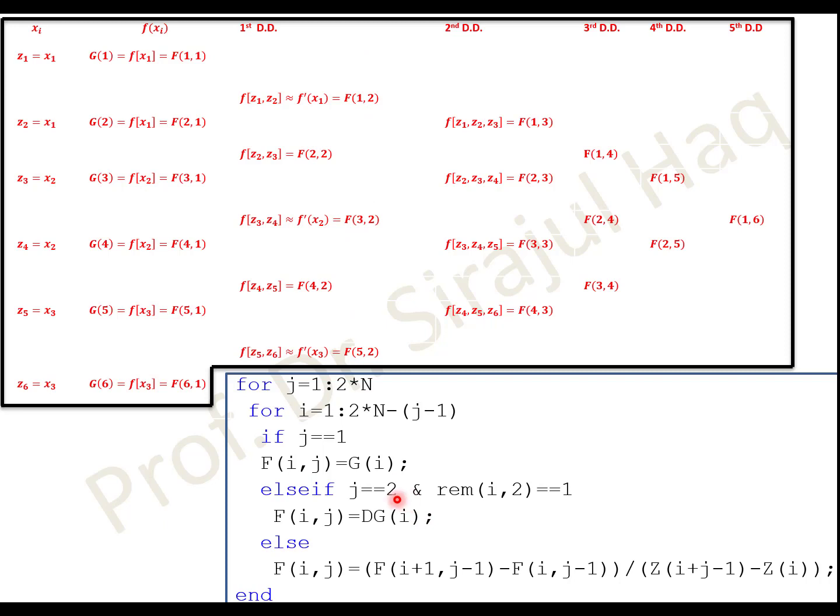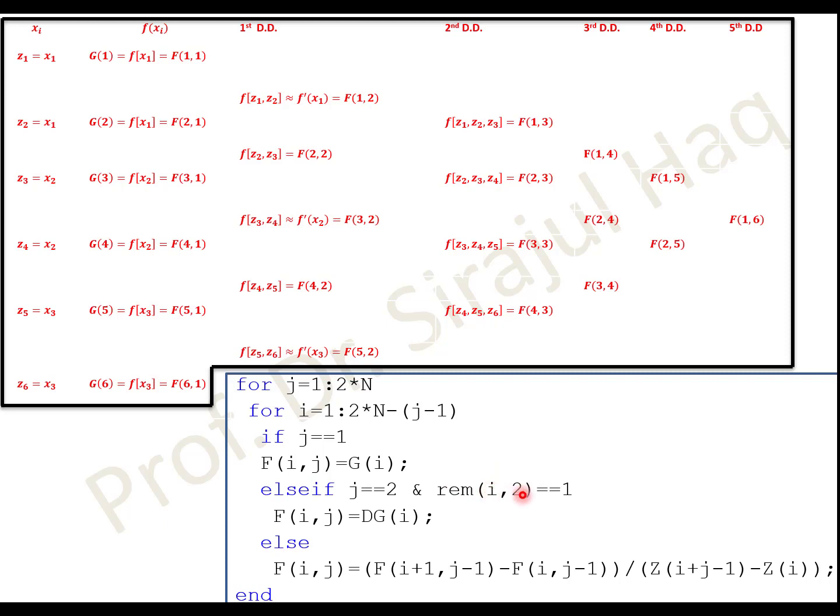Now, j is equal to 2, so the value of i is starting from 1 and it reaches up to 6 minus 1, which is 5. So it will take the value j is equal to 2 dealing with this column. But now it deals with i also. Will take i is equal to 1.